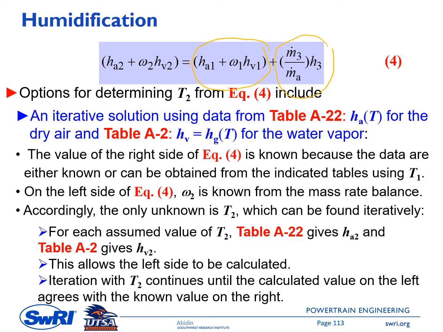Then we need to do an iteration to determine what the value of T2 is so that the result on the left side equals the sum of these two terms on the right side. So we need to iterate until equation 4 is fulfilled. And you can imagine that option number 2 will take a longer time compared to option number 1.